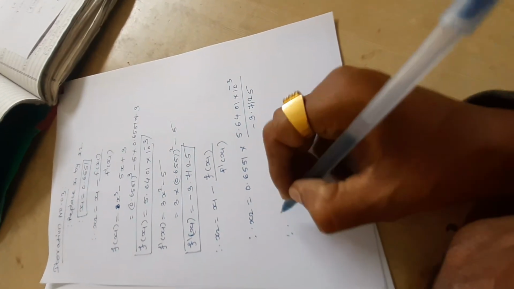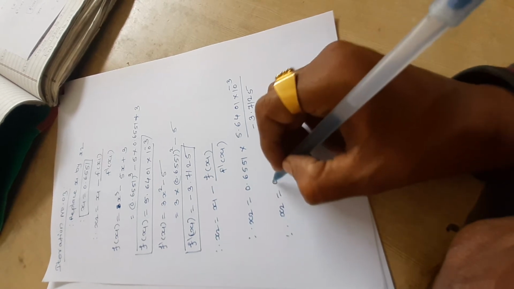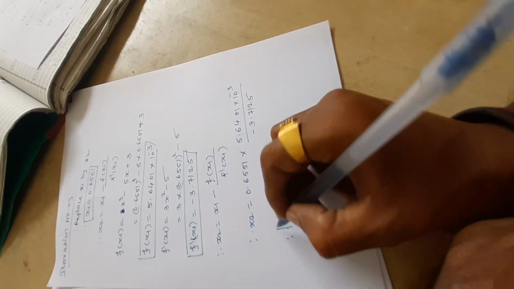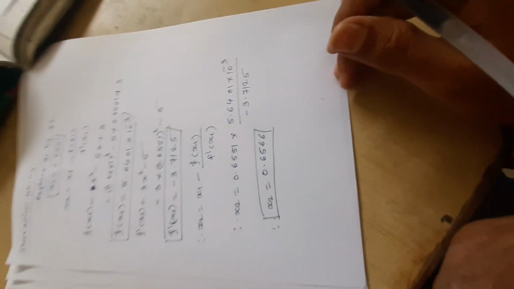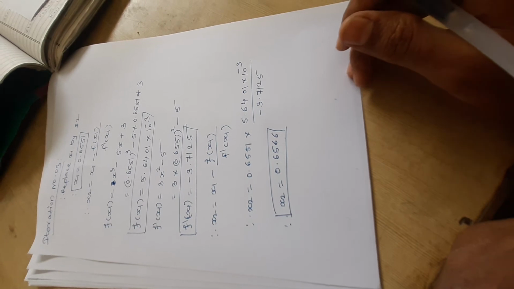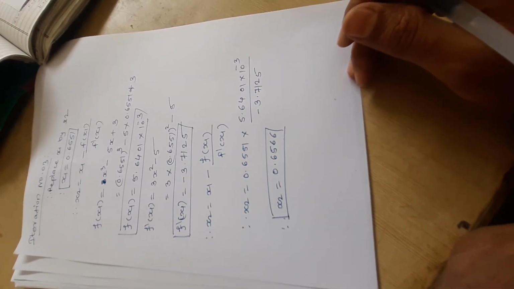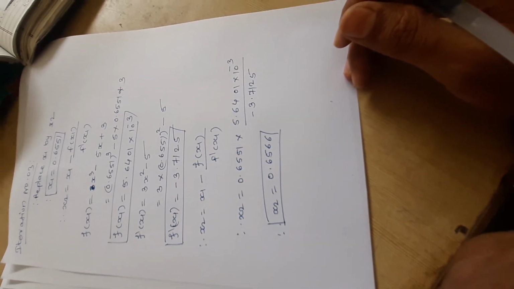So by calculation we'll get x2 equal to 0.6566, that is x2 root for this Newton-Raphson method, and it is asked to perform 3 iterations.